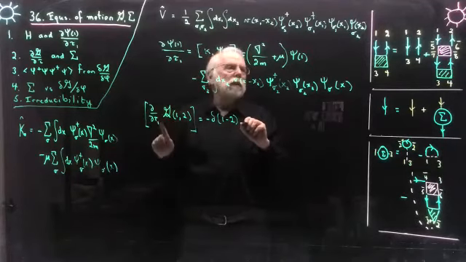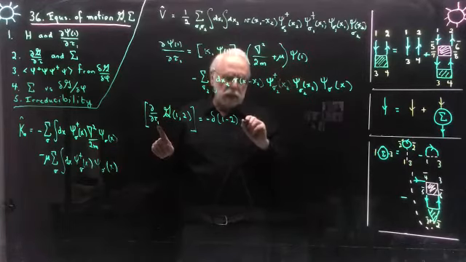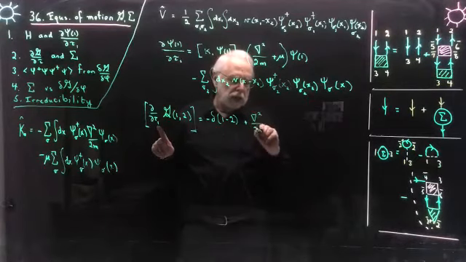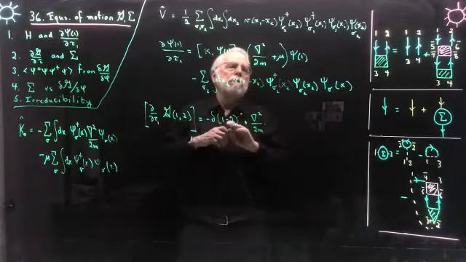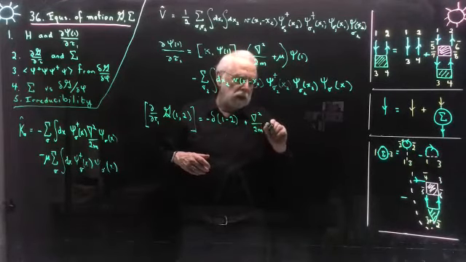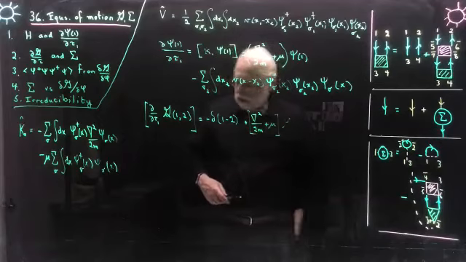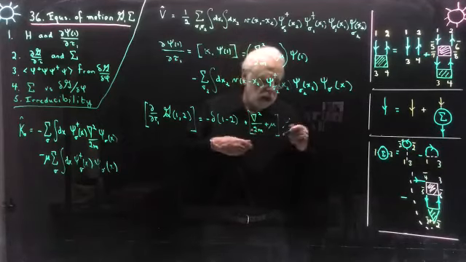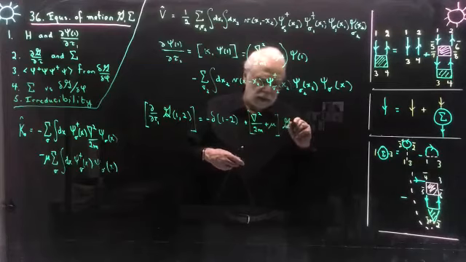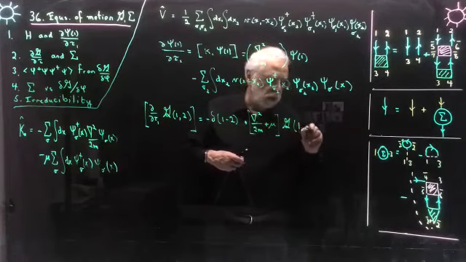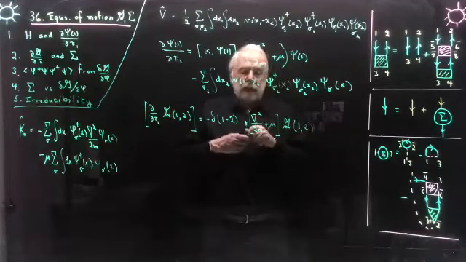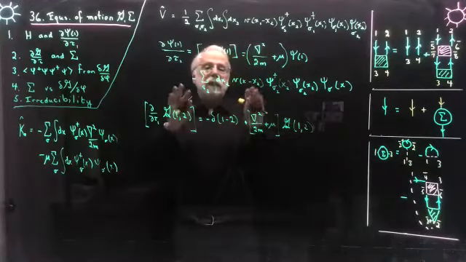There will be a psi 1, so we get plus grad square over 2m plus mu times G of, so this is coordinate 1, G of 1, 2. And then we have this mess here.